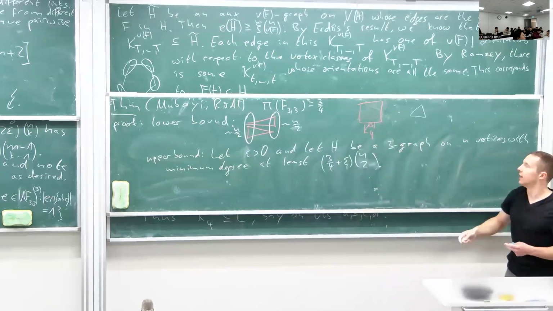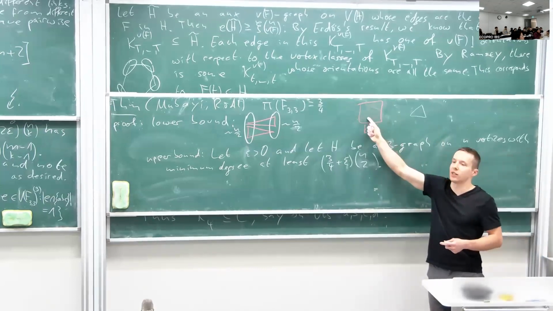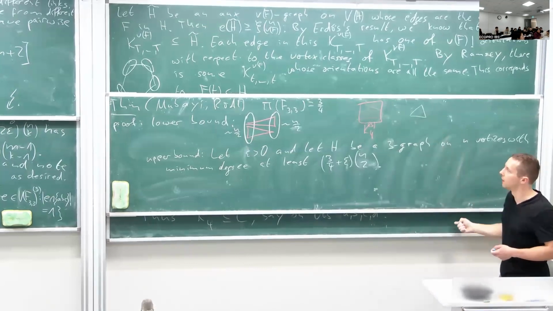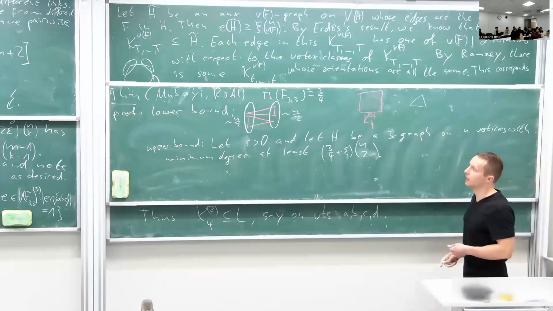And then we just need that for one of the 4 edges, we see all edges in the link. Okay, and that gives us a little bit of room that allows us to finish.